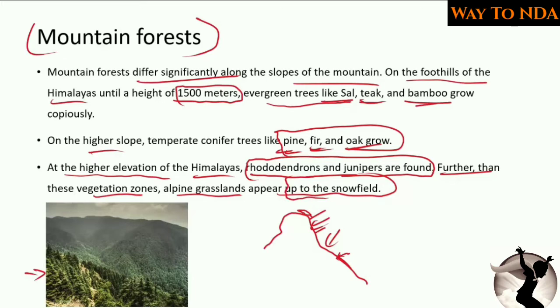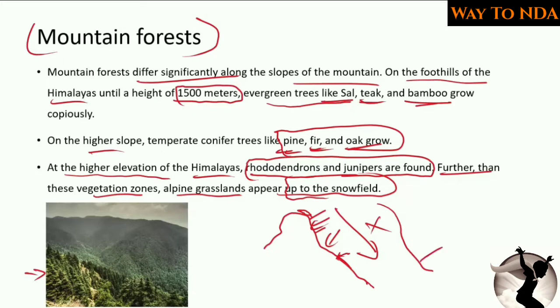So remember, there are various layers of forest on the mountains. एक जैसा पूरा सेम नहीं है. You will find different types of layers of forest on the mountain. As you go higher in elevation, you will find different types of forest.